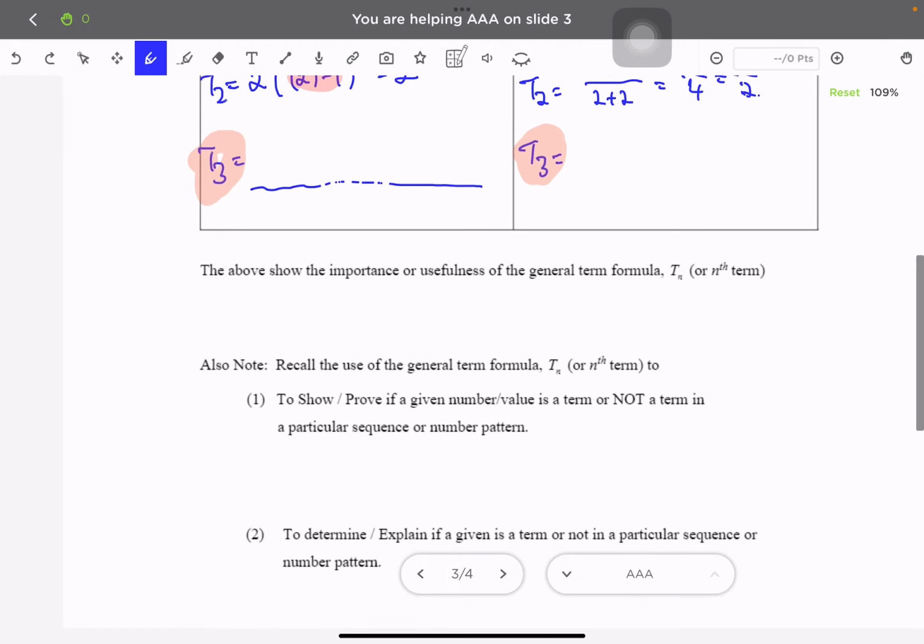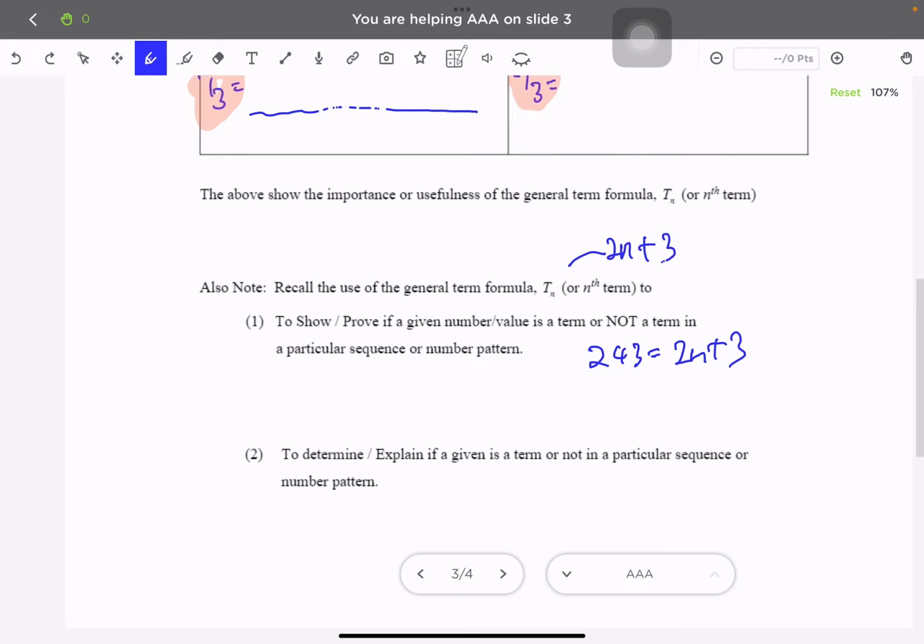If I know the n term, let's say I know the n term as 2n plus 3, and I want to find out if 243 is in this term, I must equate 243 equals to 2n plus 3. Something like that. Please refer back to your previous number pattern to see.